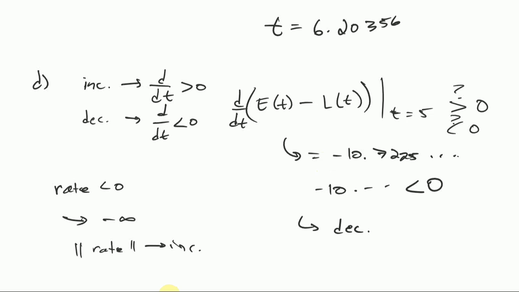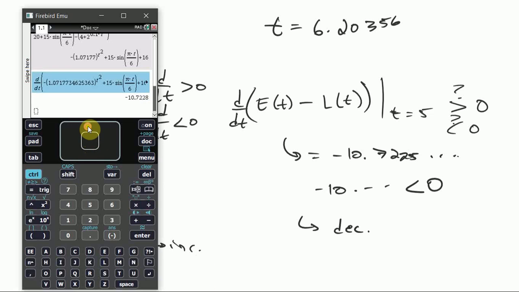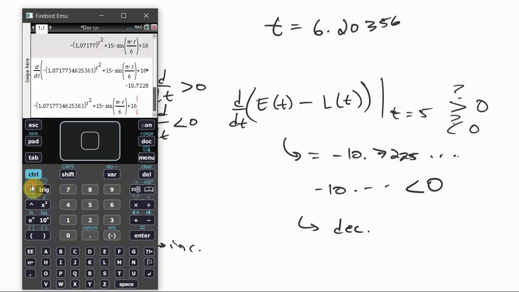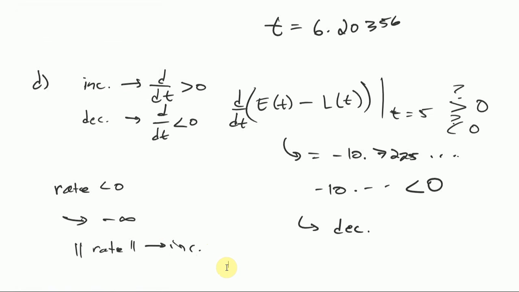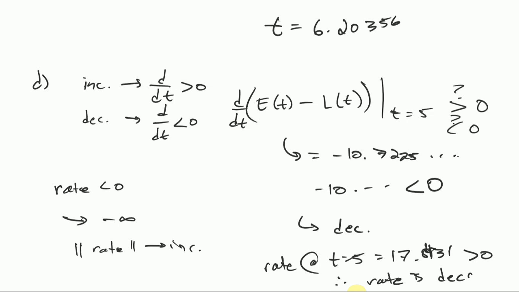Because if it's negative, then the rate is actually increasing. Let's check that first. Back to our trusty calculator, plug that in, such that t equals 5, and lo and behold, it's 17.8431. The rate at t equals 5 equals 17.8431, which is greater than 0. Therefore, the rate is decreasing.